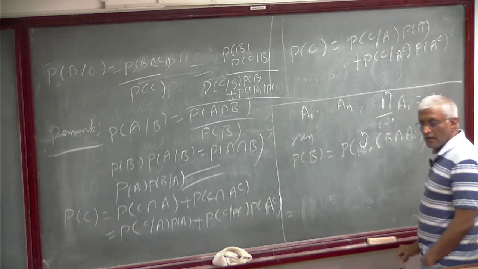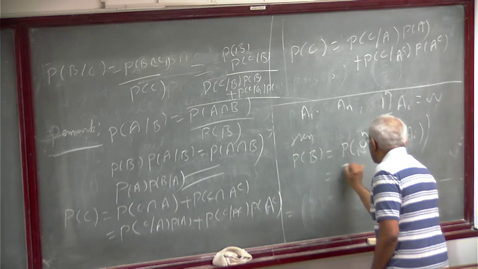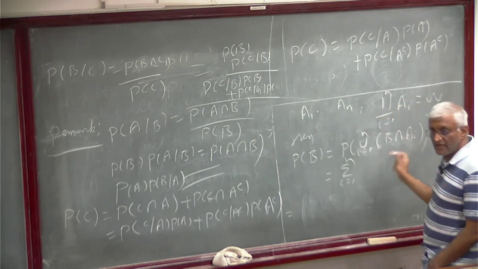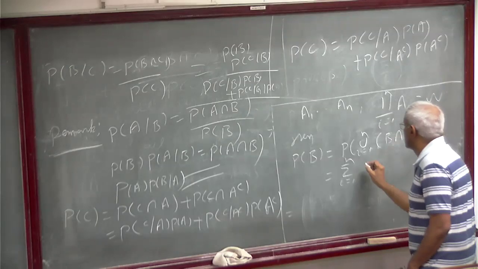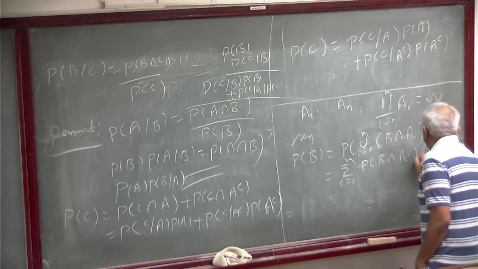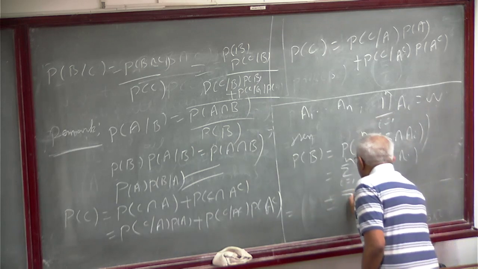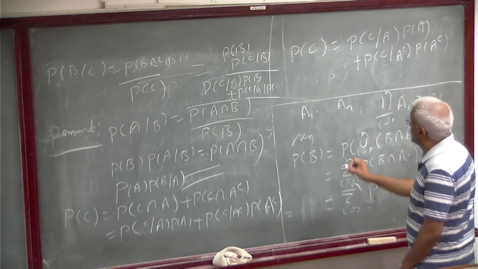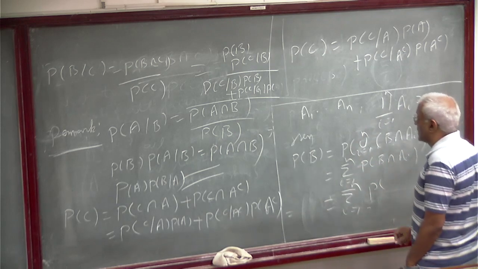That is equal to the summation over I equal to 1 to N of P of B intersection AI, because the A's are disjoint, so the intersections are also disjoint. And use the same formula.